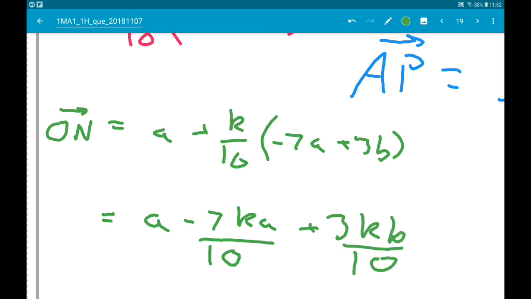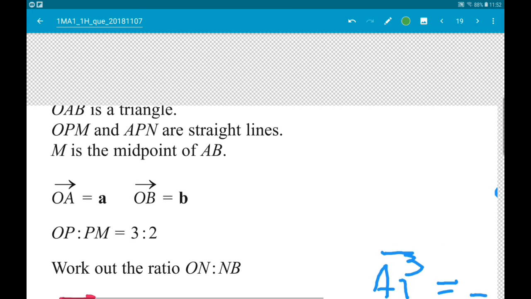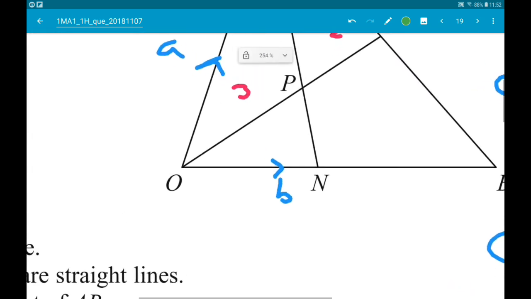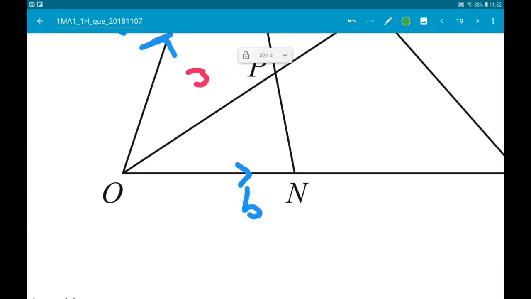From this, we can actually work out the value of k. We know that really, to get from O to N, there's no A component. It's just directly along some amount of the little b factor.